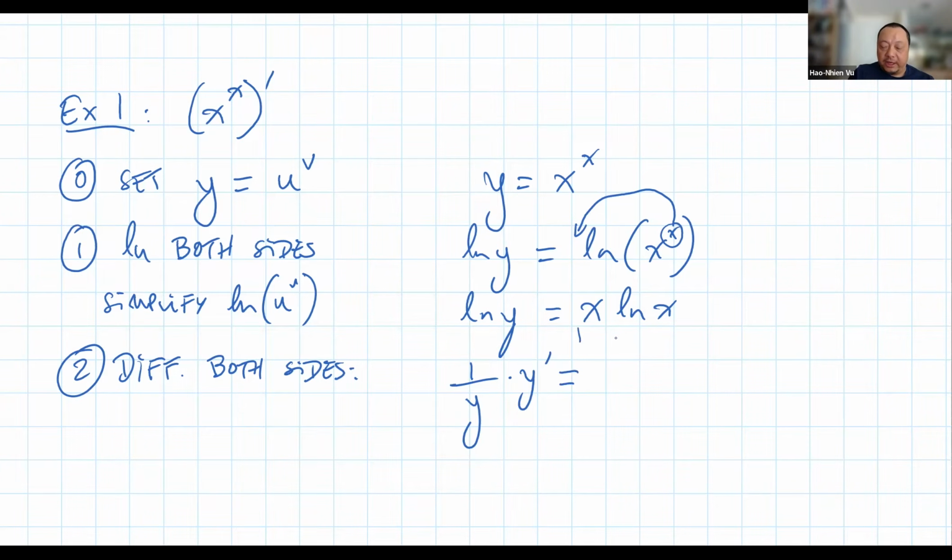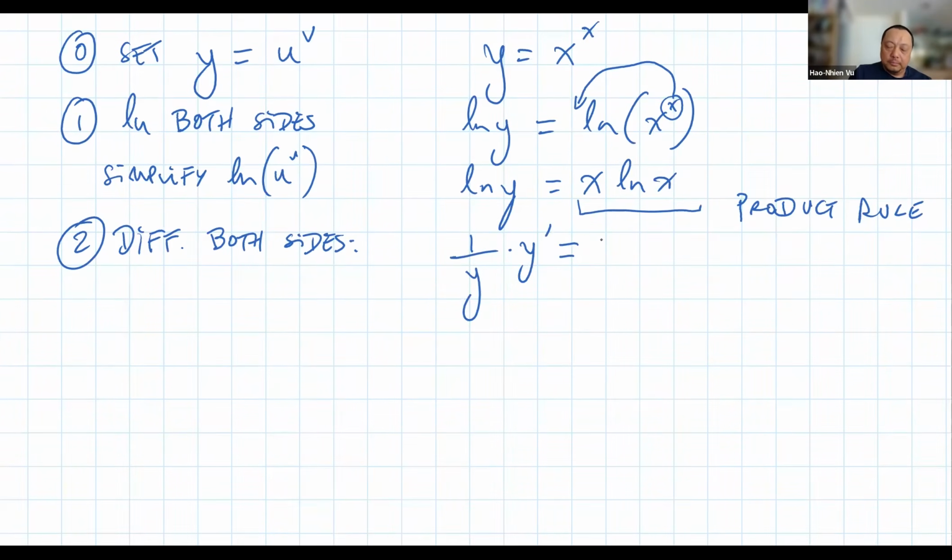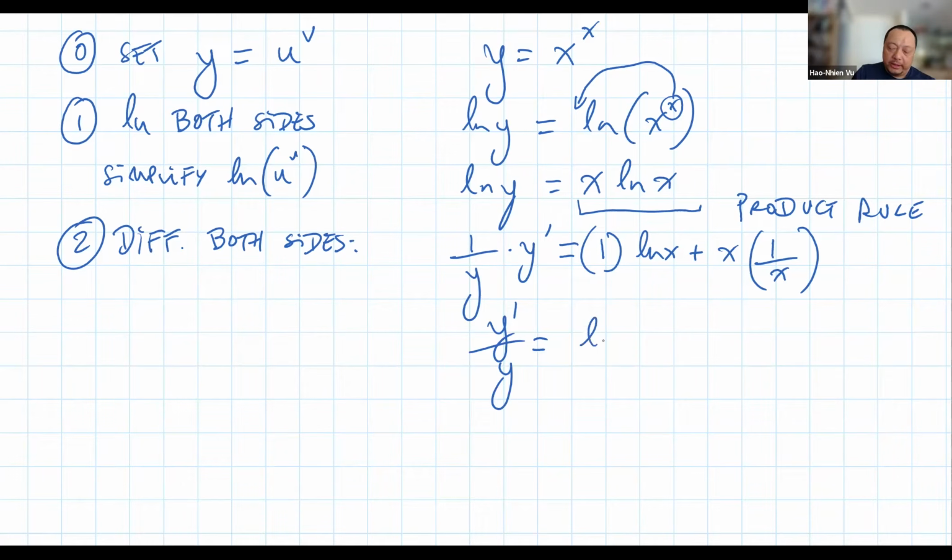And then on this side, the derivative needs the product rule. 1, derivative of x is 1, ln x, plus x times derivative of ln x, and that's 1 over x. Simplify: y prime over y is equal to ln x plus, these cancel, so I have just 1 left.